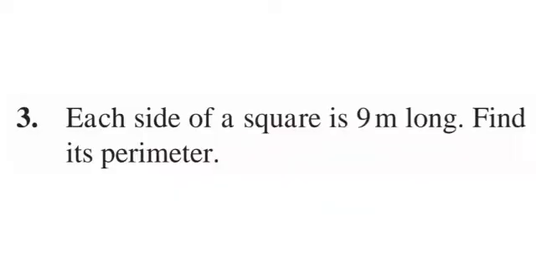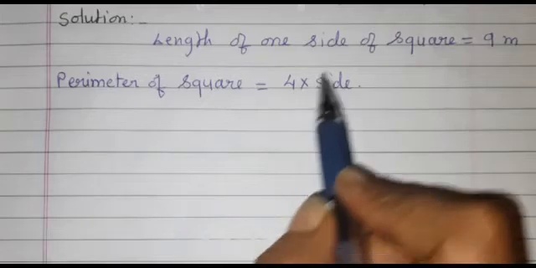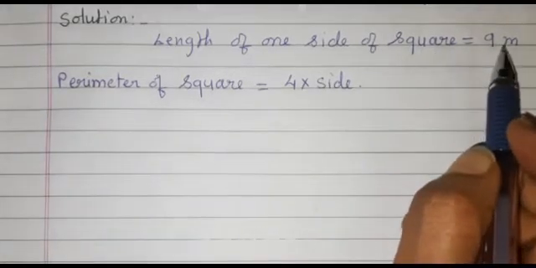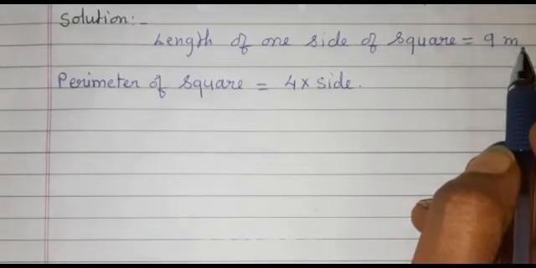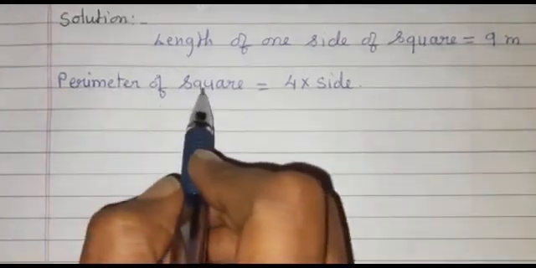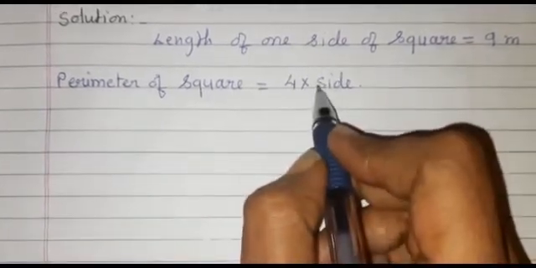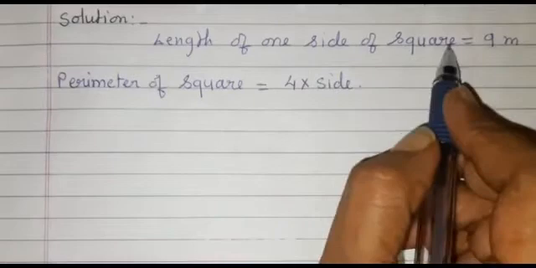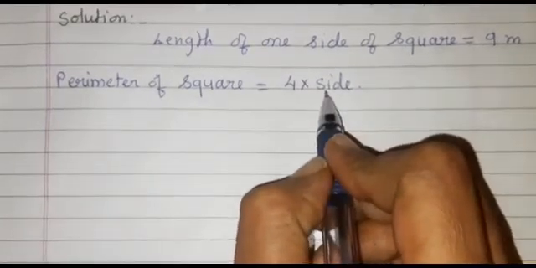Question number 3. Each side of a square is 9 meter long. Find its perimeter. The length of one side of the square is equal to 9 meter, given in the question. Now the perimeter of a square is equal to 4 into the length of one side of a square. This we can also write as a side.